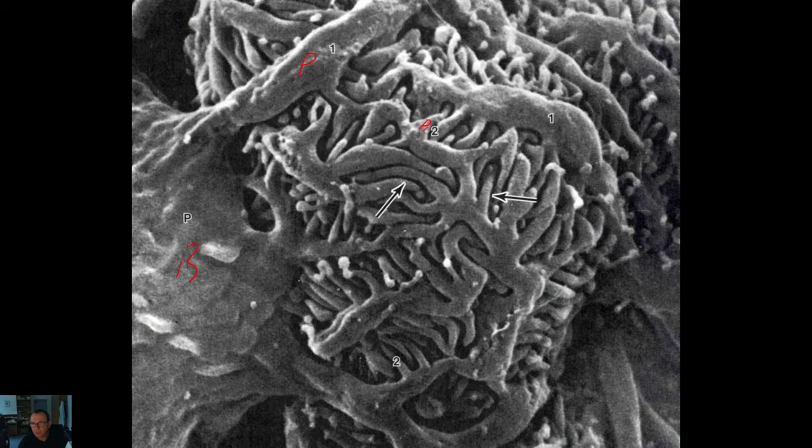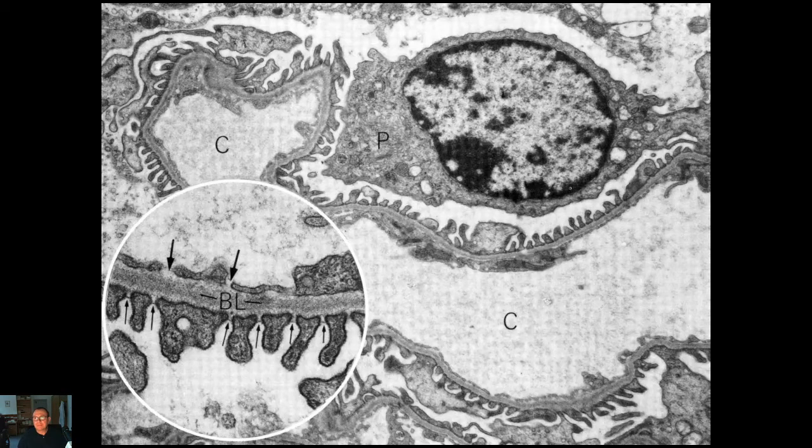This is also a pedicel, and a pedicel from another process, which can be a process of another primary process of another podocyte. And this is the level of transmission electron microscopy.